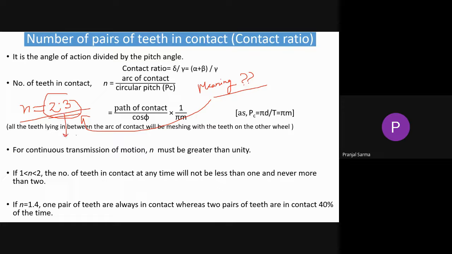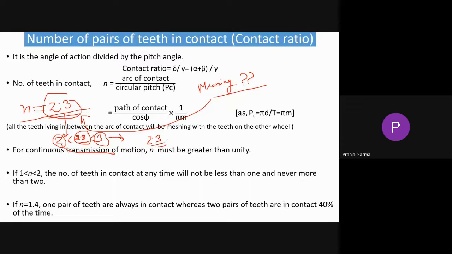One thing is, this 2.3, in between which two whole numbers does it lie? 2 and 3, sir. Yes, 2 and 3. That means at any time the number of teeth in contact will not be less than 2, so a minimum of two pairs will be there, and it is not even going to be higher than 3. That is the first thing. Now what is the meaning of this fractional value, suppose 2.3?